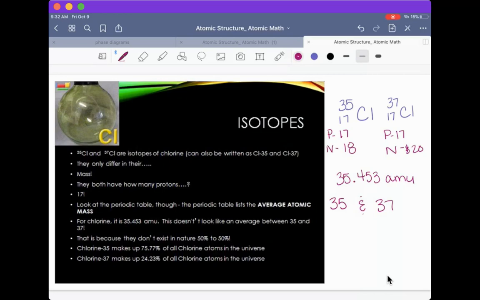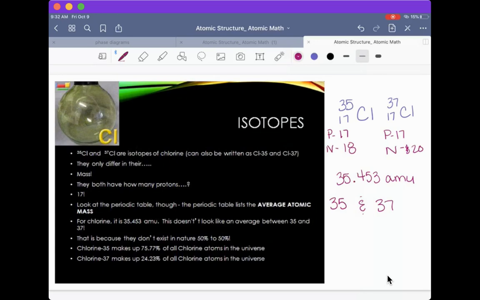The average atomic mass is a weighted average, kind of like your grades are. Not all of your grades have the same effect on the overall percentage. Some have a higher effect, some have a lower effect. That weighted average is what we use to calculate average atomic mass.